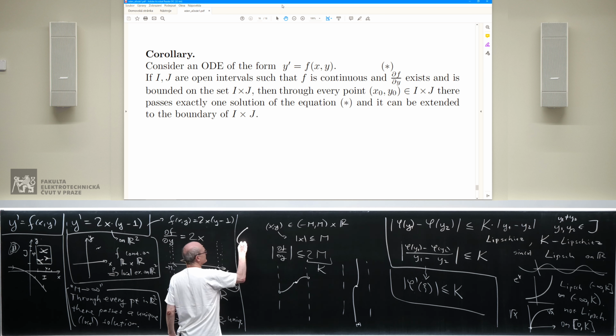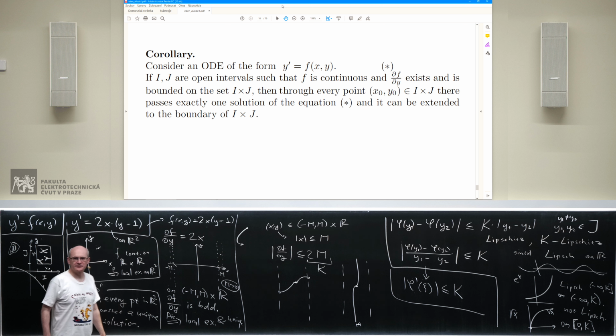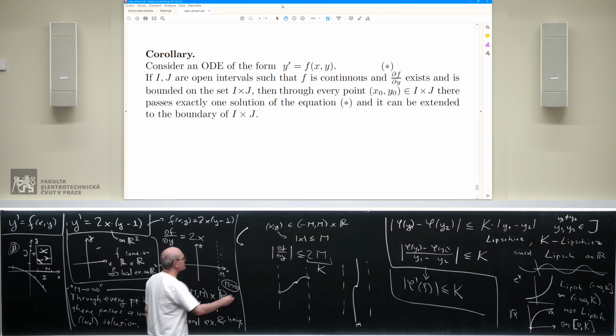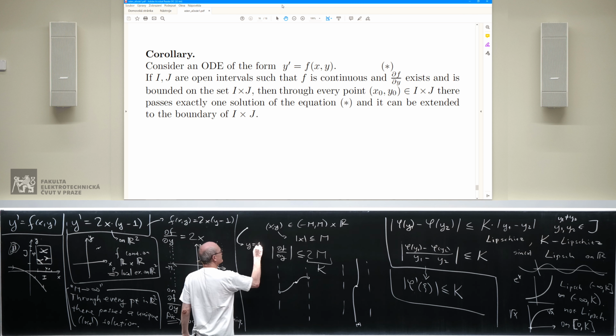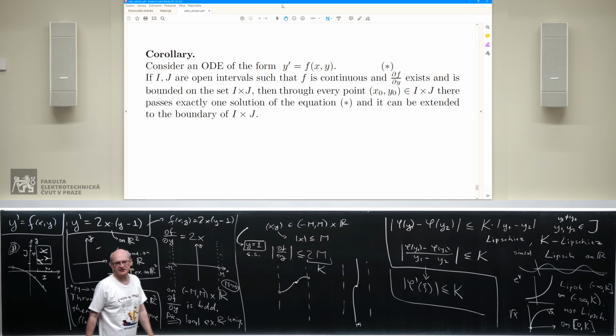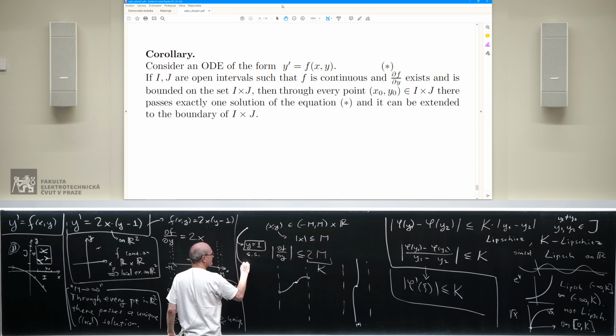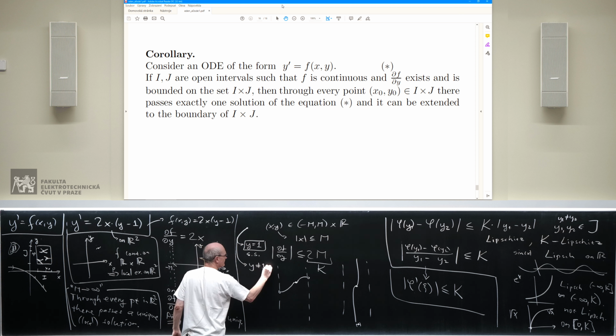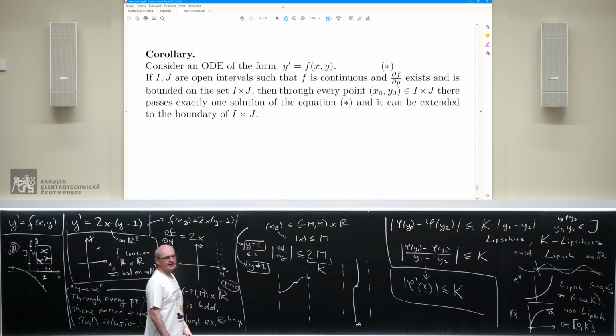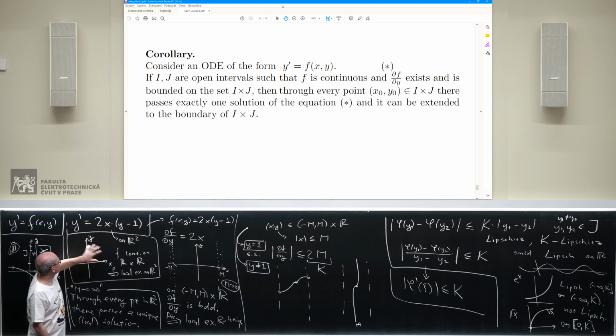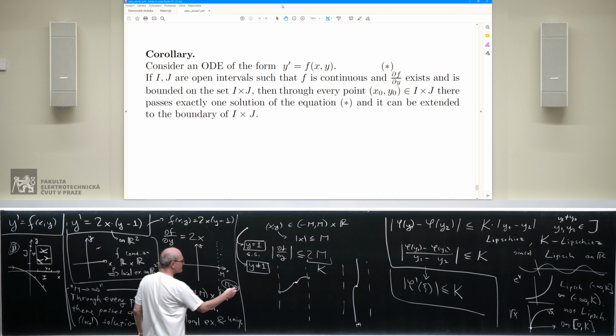When we were solving this example, we first separated the case when y is equal to 1, and we got the stationary solution. And then we said, okay, if y is not 1, then we can divide by y minus 1, we can play the separation game, and we got a general solution.